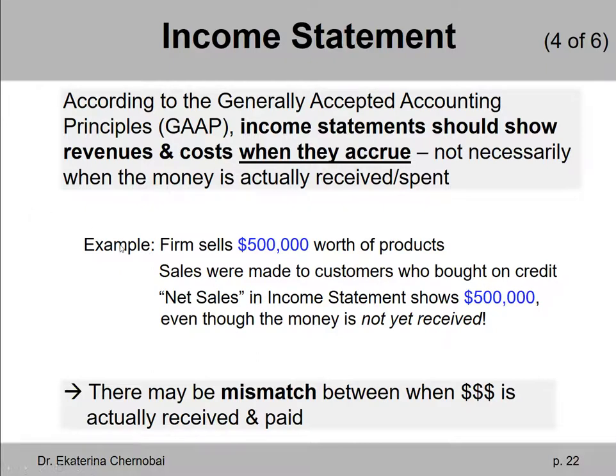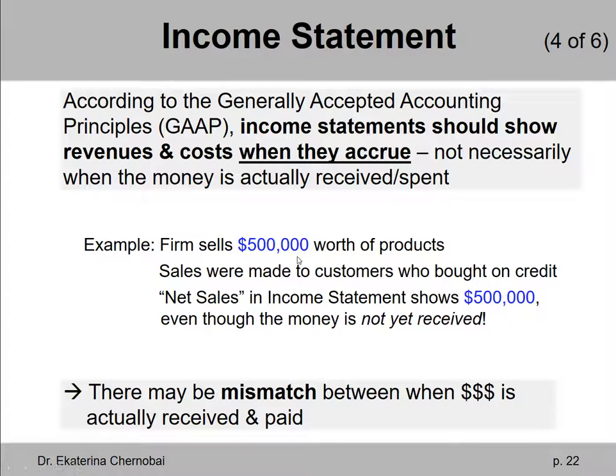Just a little detail about income statements. So let's say a firm sells $500,000 worth of product in some year. But let's say a lot of this was sold to customers who used their credit cards.